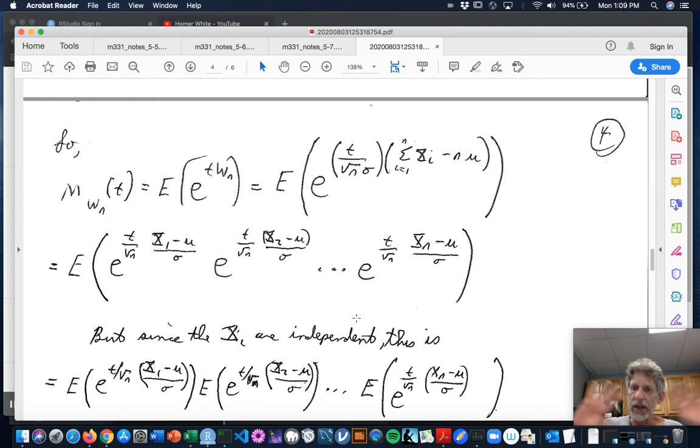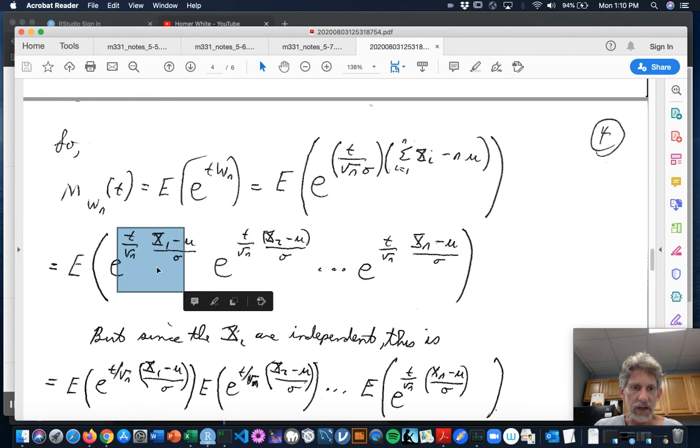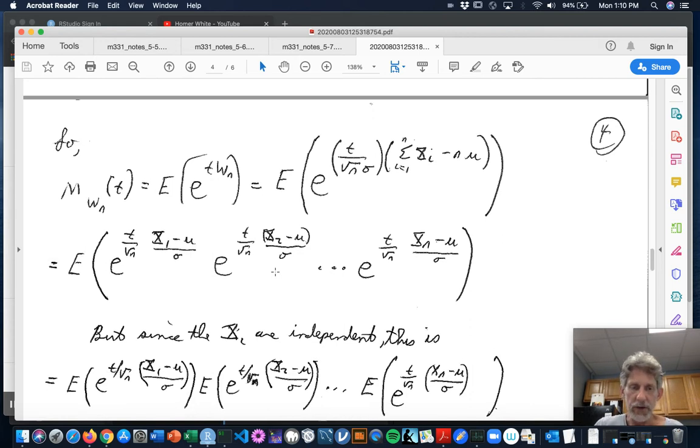But remember, the x1, x2, x3, x4, and so on are all a random sample from the same distribution. Random sample, part of the definition of that is they're independent of each other. The xi's are independent of each other. And each one of these factors is built on its own xi. And so they are independent of each other.